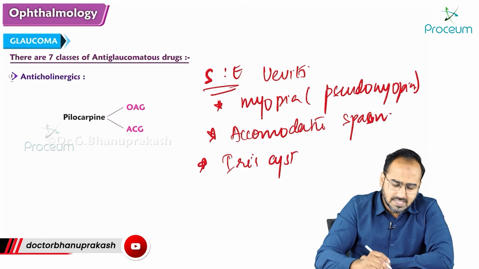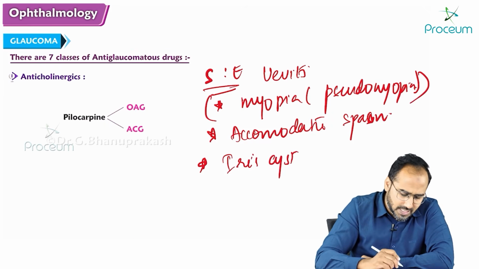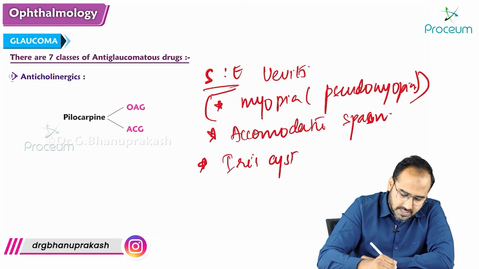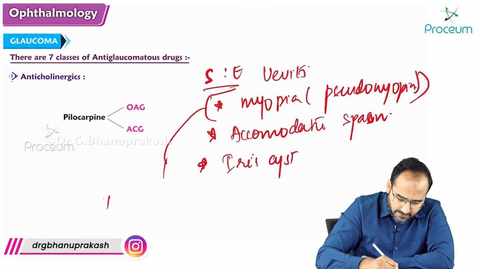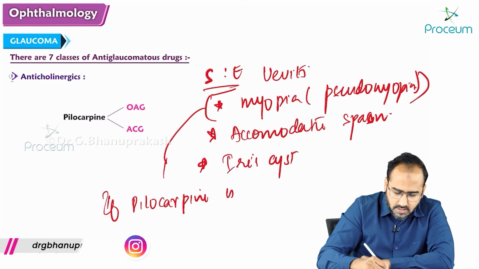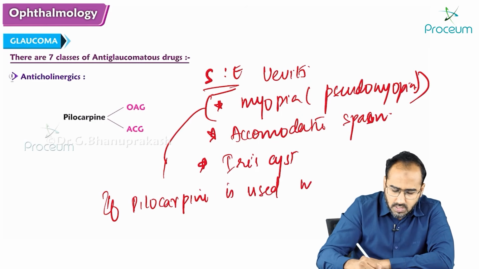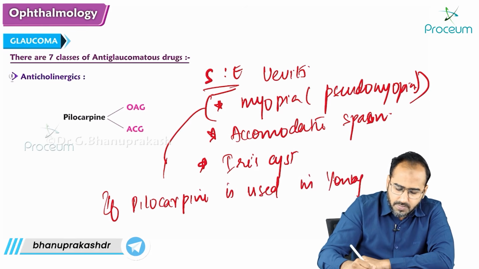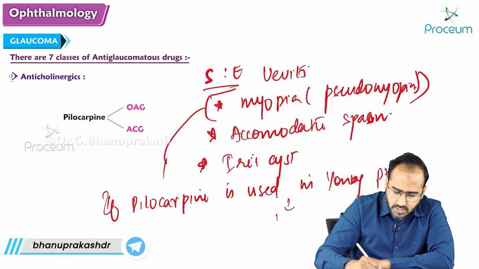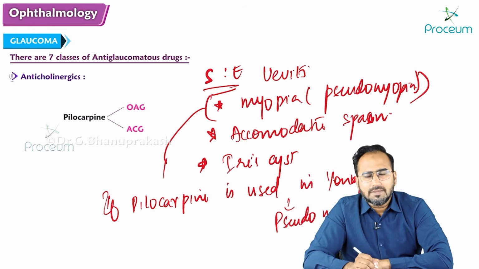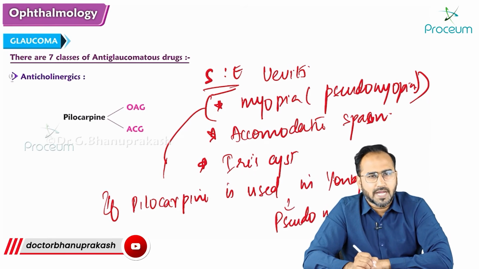But among these side effects, the most common side effect you see in young adults using pilocarpine is pseudomyopia. That's regarding pilocarpine.